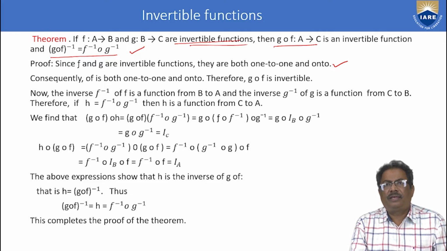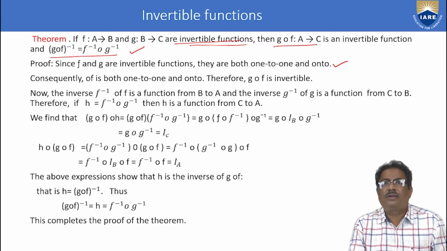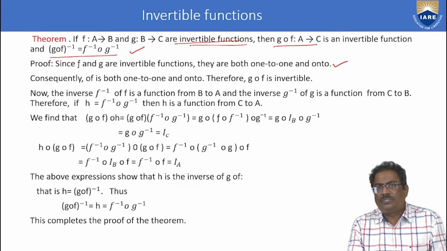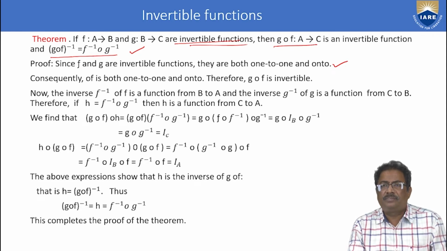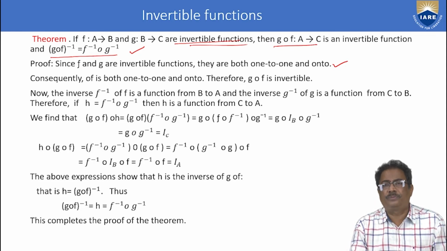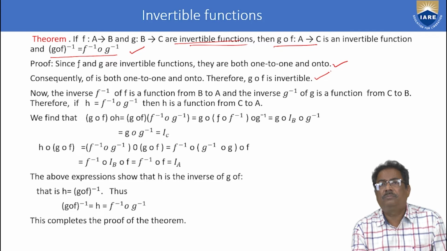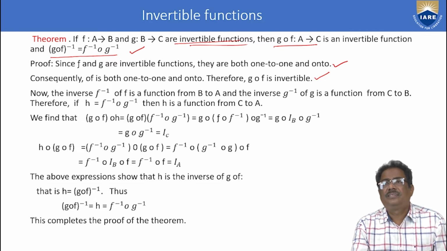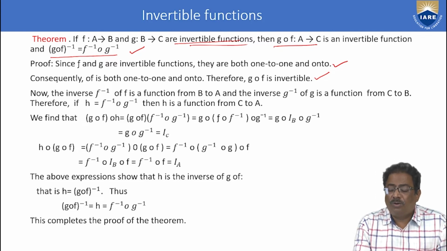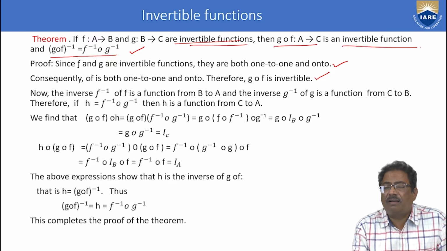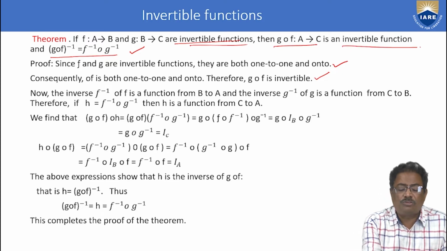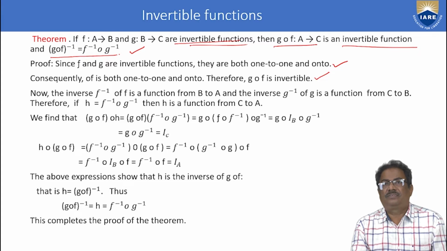Consequently, g of f is also one-one and onto. So we can say that g of f is invertible. This is an obvious result, and we have to prove this.